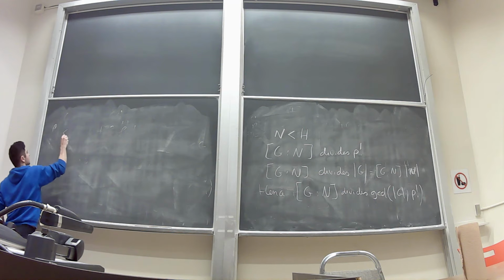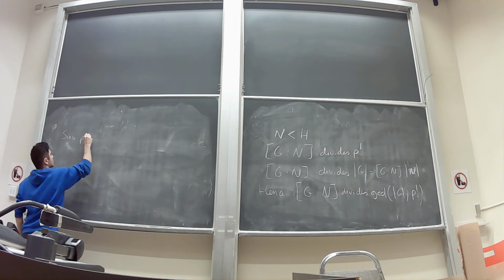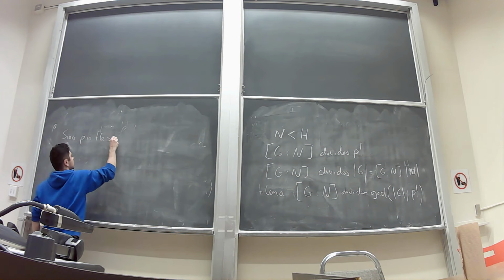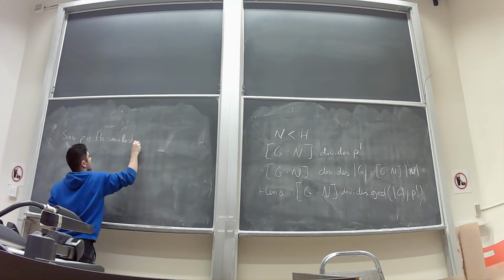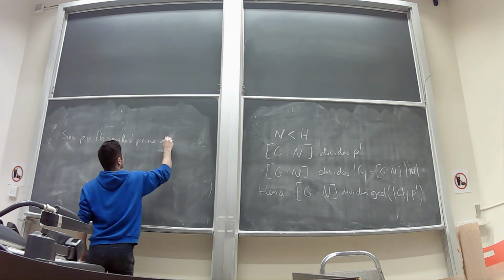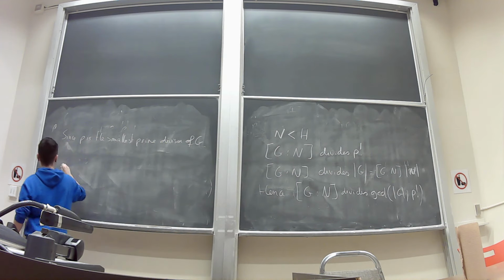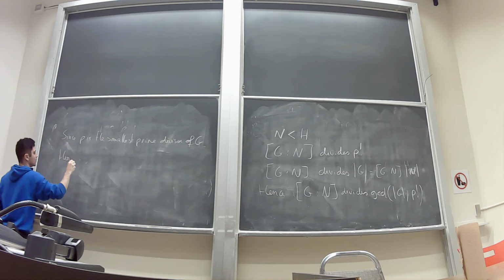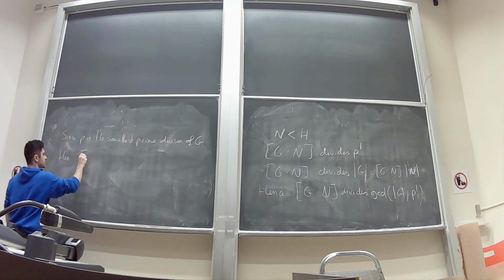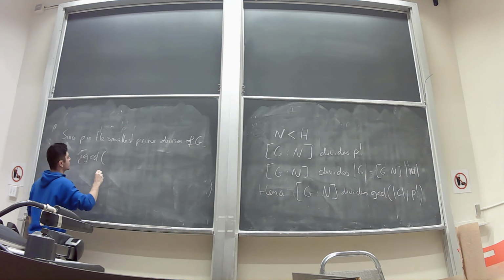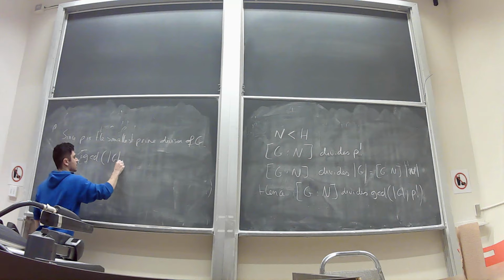Since P is the smallest prime divisor of G, then the GCD of the order of G and P factorial is just P.